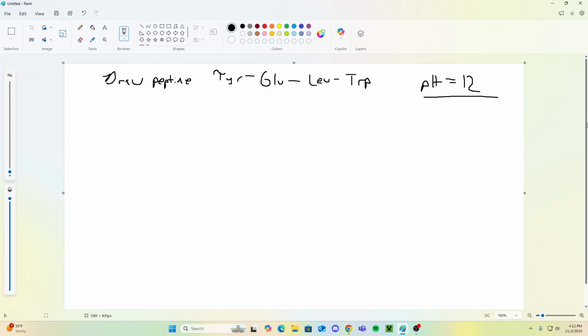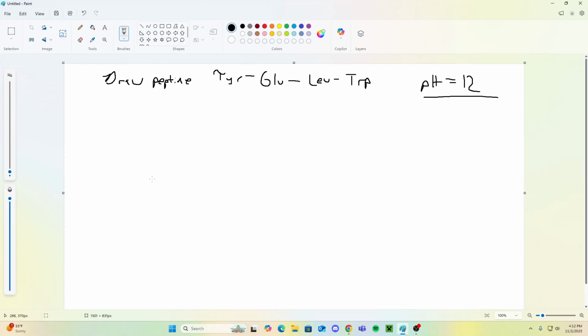This is really important because in a pH of 12, things are more likely to be protonated than not. That includes in our actual structure chain of the peptide, as well as any of the R groups that are attached to these. So let's first start off with drawing the base peptide.